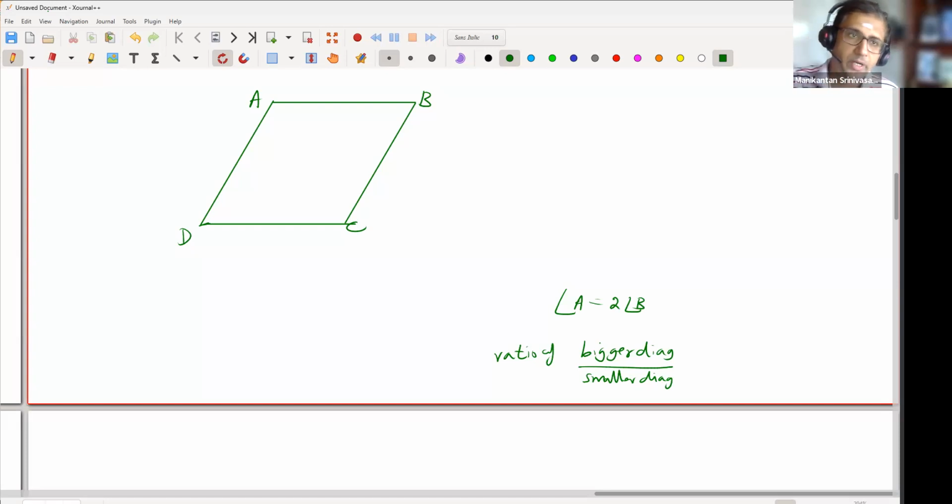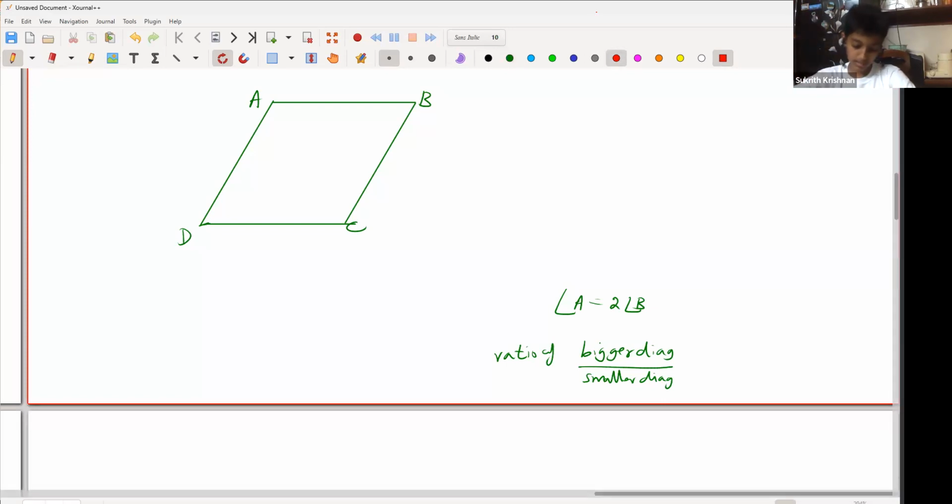If you recall all the properties of a rhombus, you should be able to do this. Okay, Sukrit, go ahead. Sir, since when you add both the diagonals... Okay, all right.